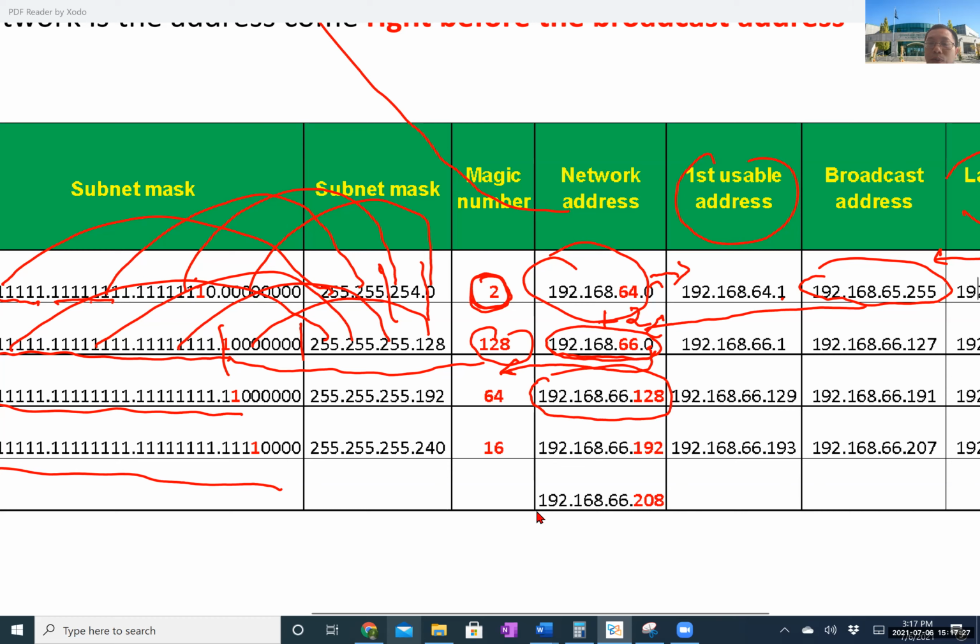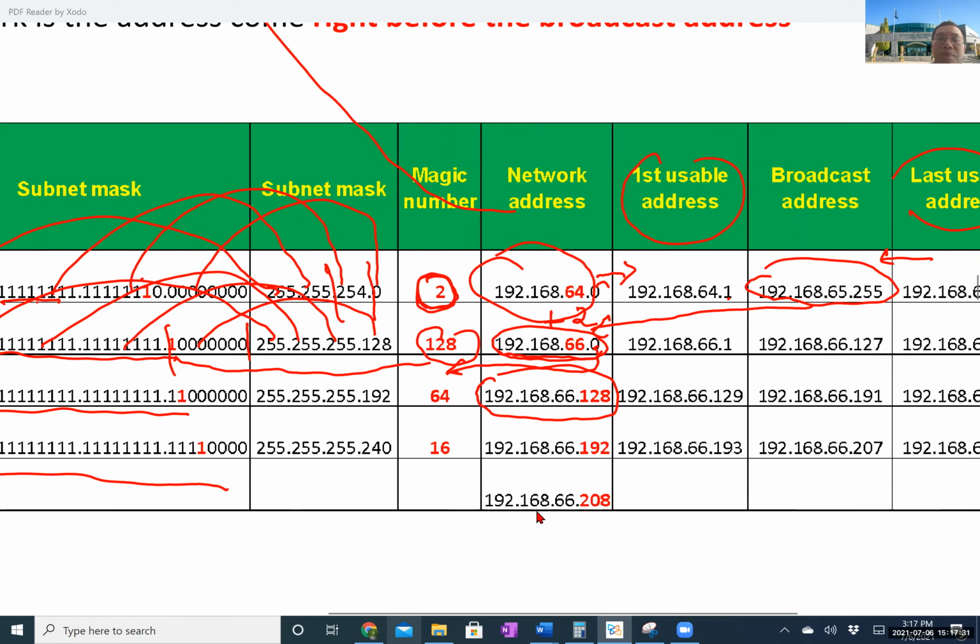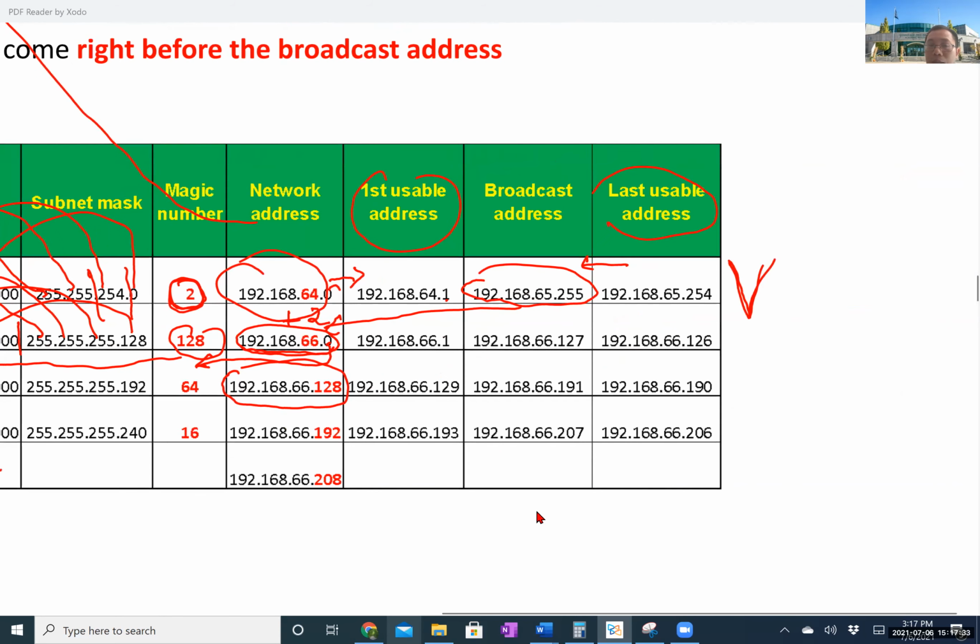So we have 192.168.66.128 here. Again, you come back to the second one. This is the network address of the third one, so the broadcast address is the one that comes right before that one here. So that's why the broadcast address here is 192.168.66.127. Again, you only have the network address and broadcast address here.